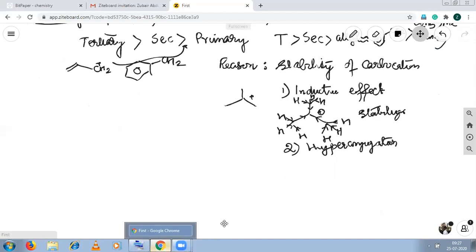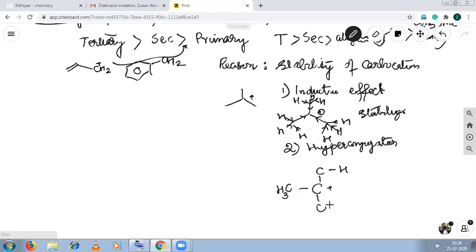Now, see this, C plus. You write this C, H, CH3, CH3, CH2. Just put an arrow here, and you can put a resonance structure symbol. Nothing wrong in it. Double bond, CH2.